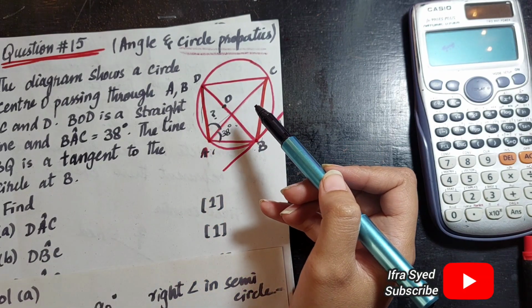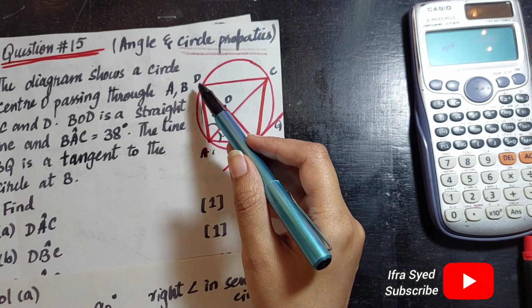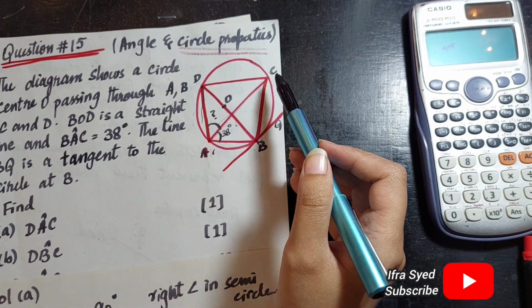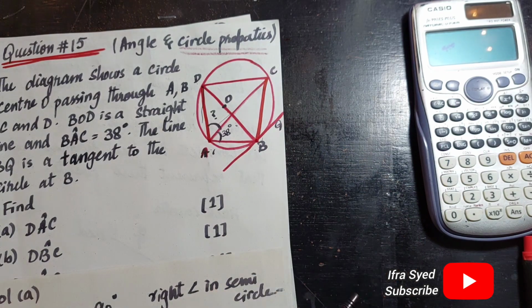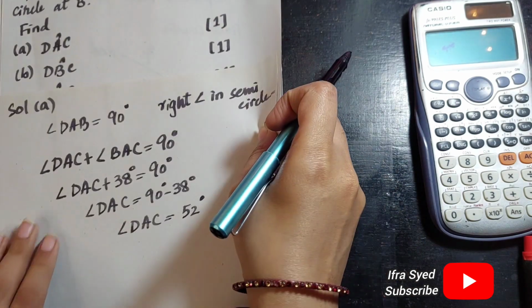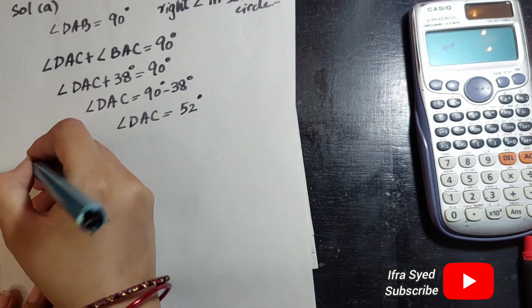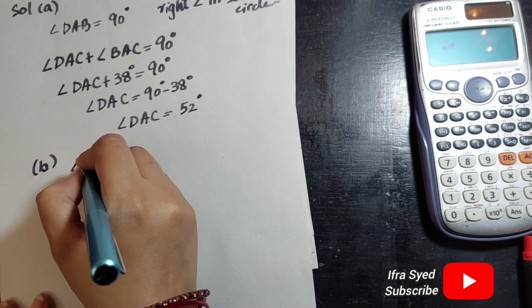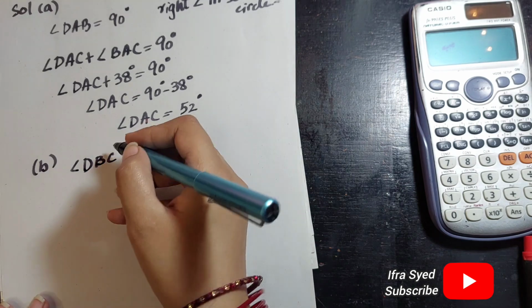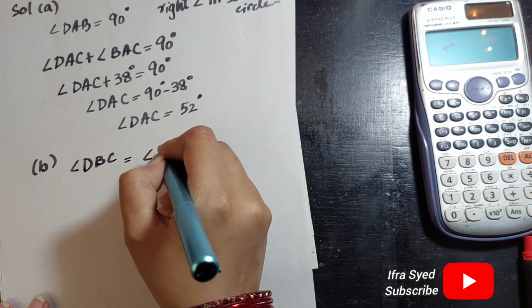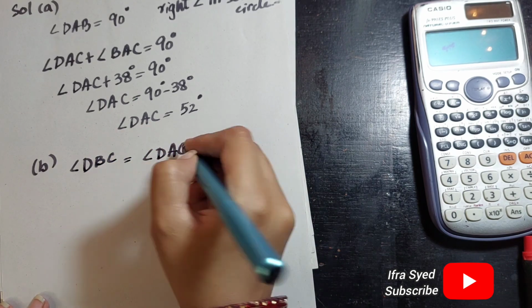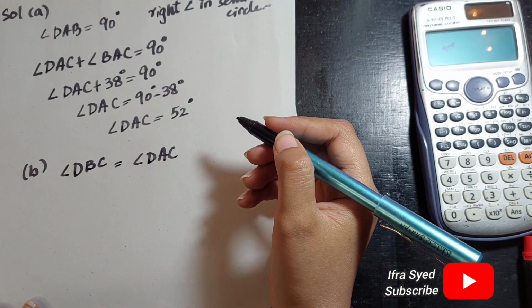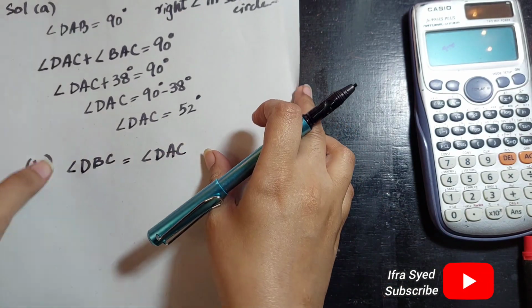So angle DBC is equal to angle DAC, and the reason is both the angles are originated from the same segment.